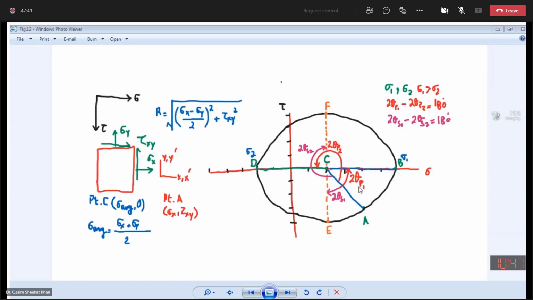Now, this sigma 1 is defined by this. Moving from the reference plane CA towards CB, you will get 2 theta P1, which should give you sigma 1. Then moving from the reference line CA in the same direction towards CD will give me 2 theta P2, which will give me sigma 2.